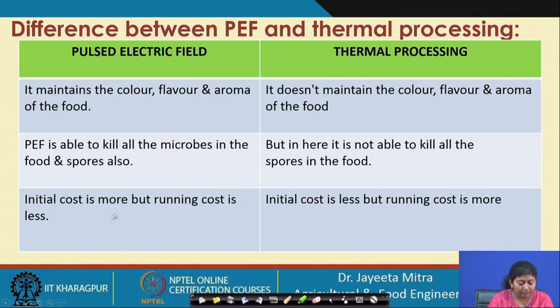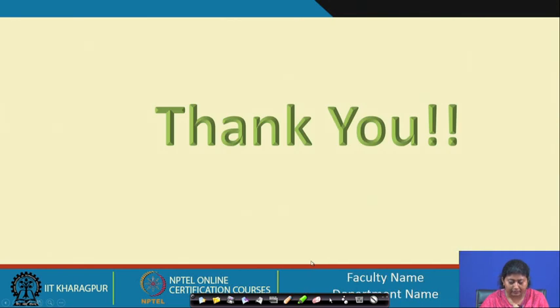The initial cost is more but the running cost is less in pulse electric field, while in thermal processing the initial cost is less but the running cost is more. So, that is the end of pulse electric field processing technology.